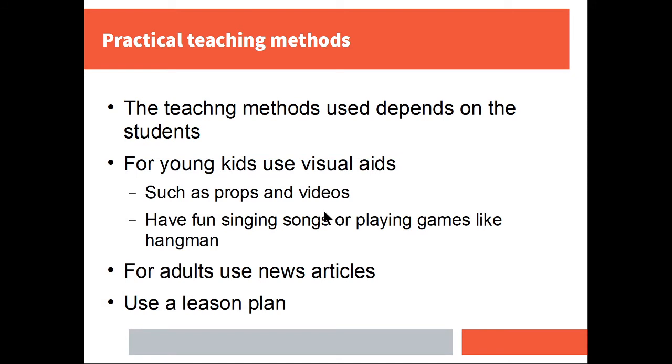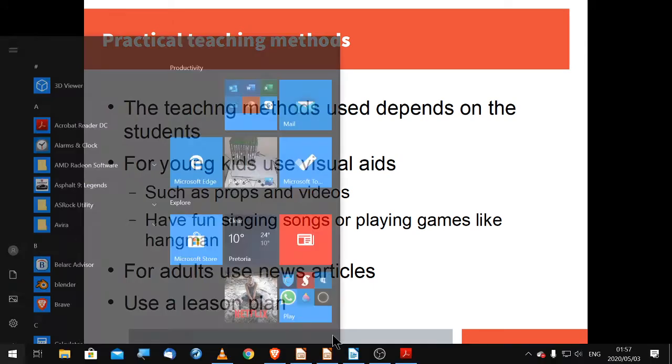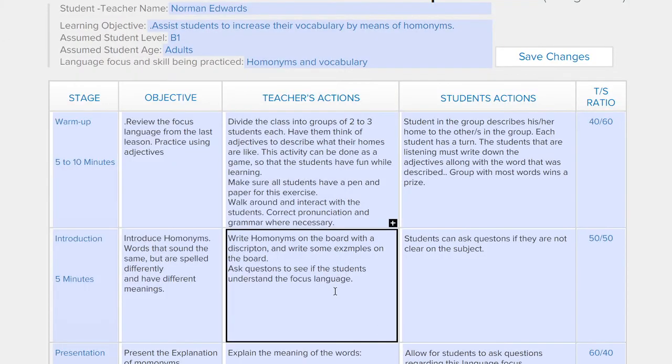So for young kids, use visual aids such as props and videos, have fun singing songs or playing games like Hangman, and of course we want to use a lesson plan. Lesson plans are important.